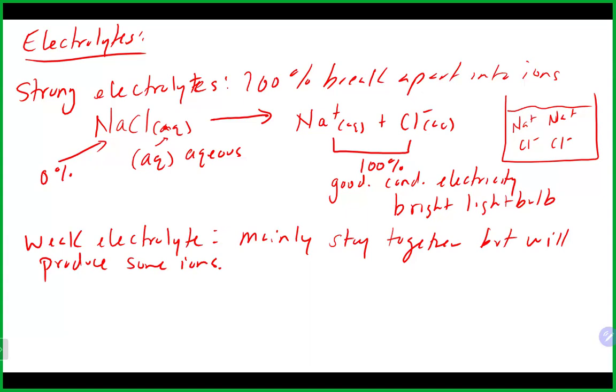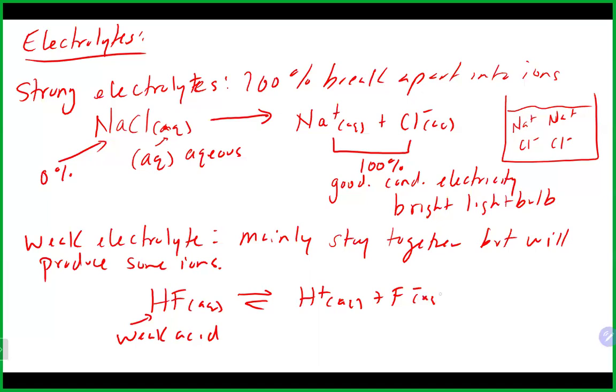An example of that is hydrofluoric acid. Hydrofluoric acid is a weak acid. When you have a solution of hydrofluoric acid, it will break apart into its ions, which is H+ and F-. The difference, though, is here you will get only a little of these guys formed.